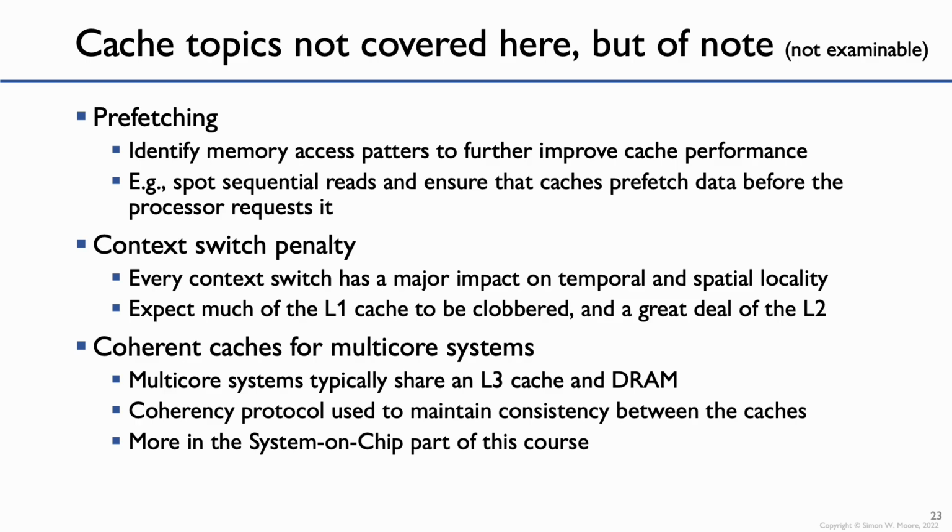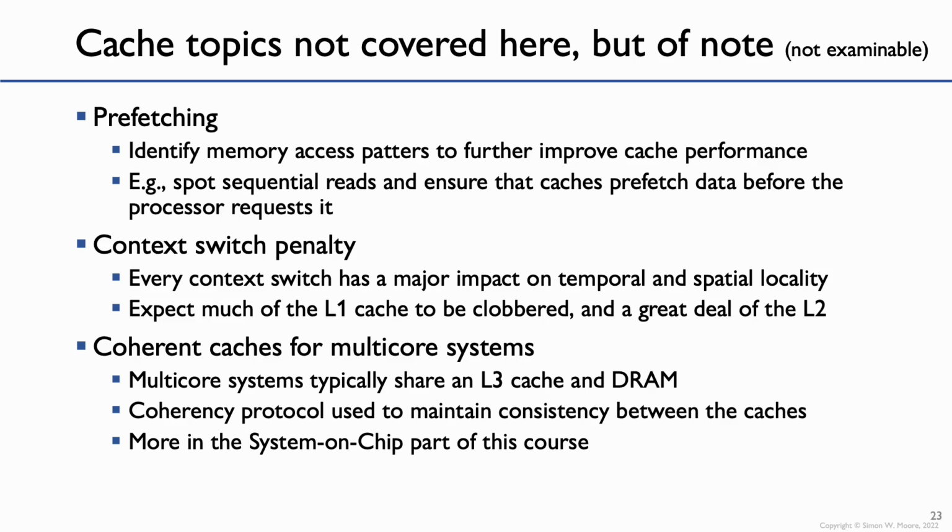Another thing we've not talked about yet is context switch penalty. In a modern operating system, you will context switch between applications and between different threads to share the processor resource. Unfortunately, every context switch has a major impact on the temporal and spatial locality properties that the cache will observe.